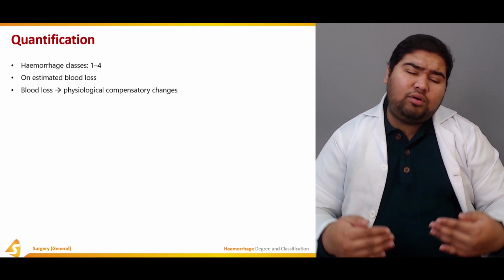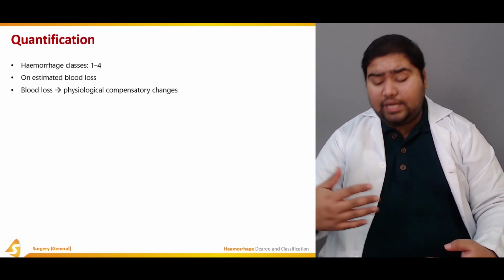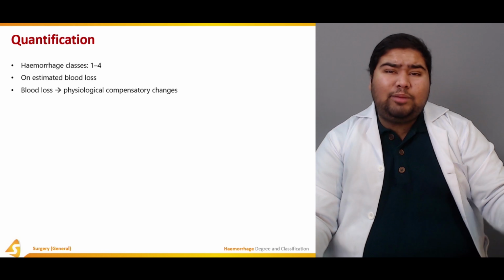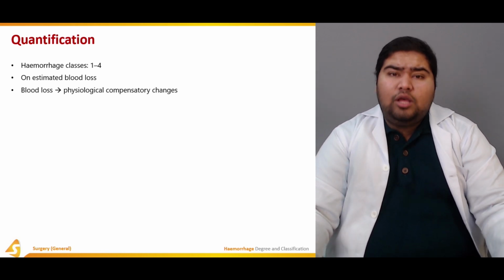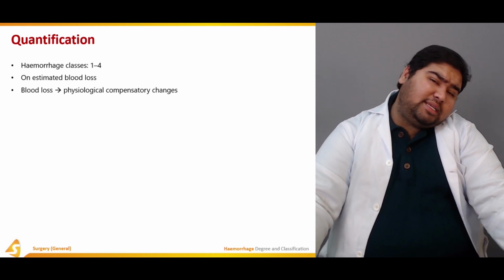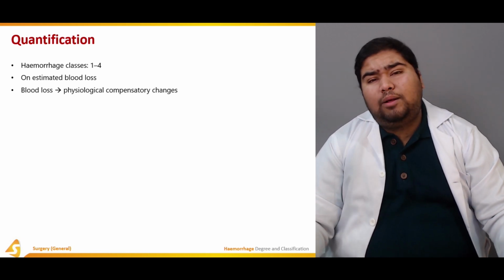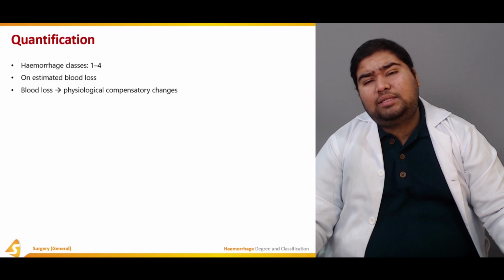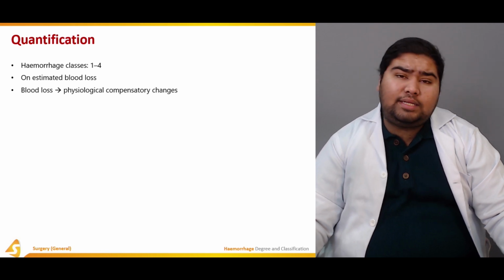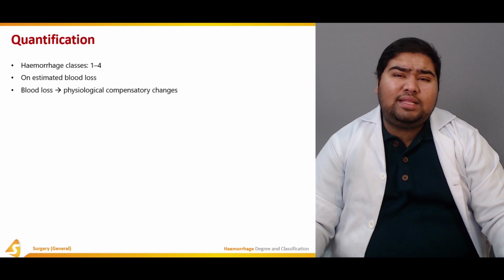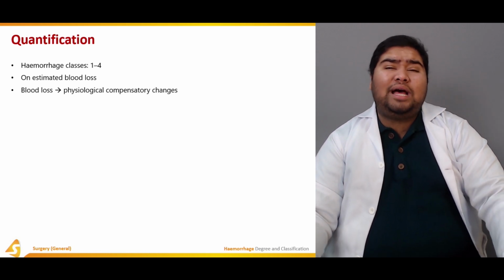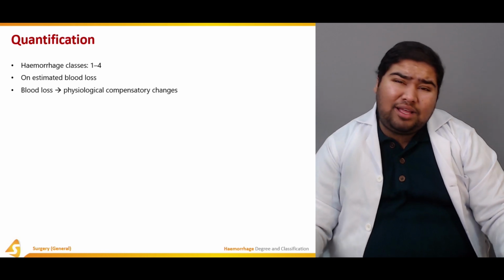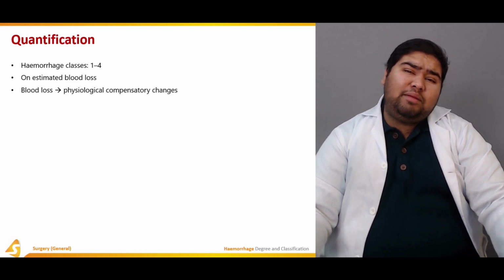Now, before this quantification, when the bleeding starts, the body tries to physiologically combat this bleeding. What does the body do? It forms a platelet plug. It calls for the fluid that is present within the cells, and this fluid is collected in the interstitial compartment and the vascular compartment, so that the volume of the fluid can be increased.